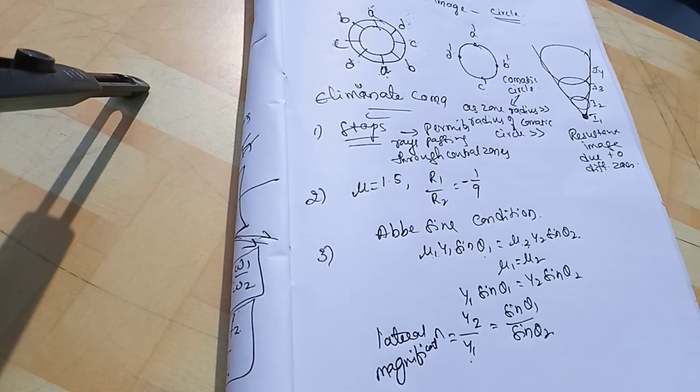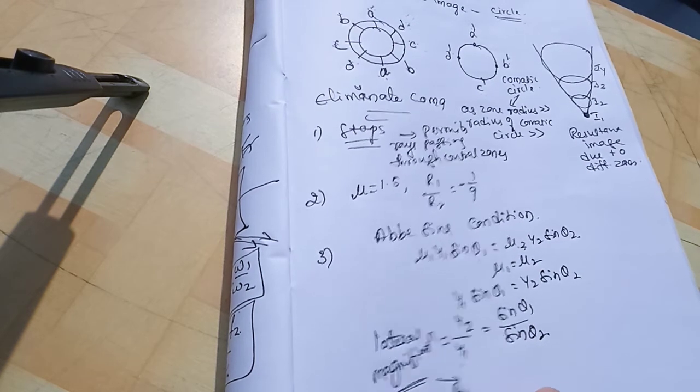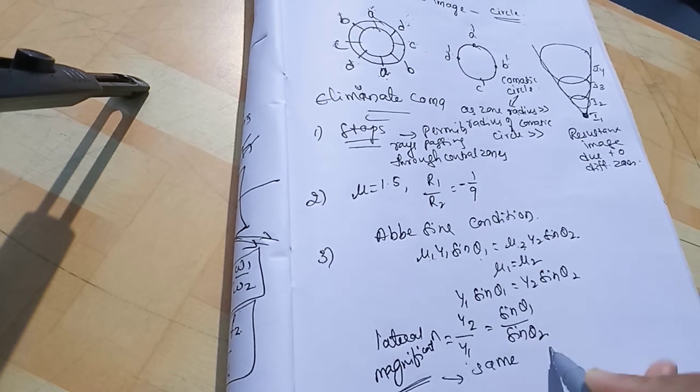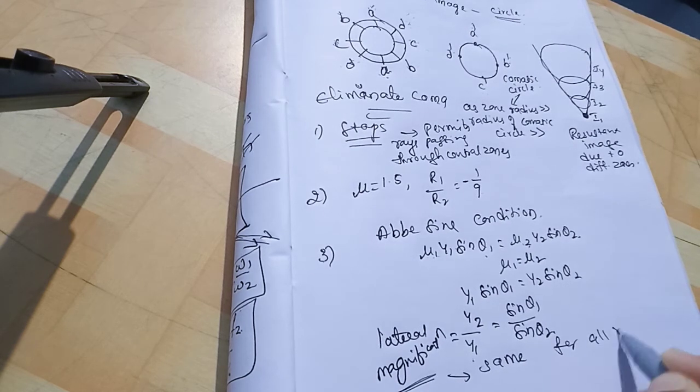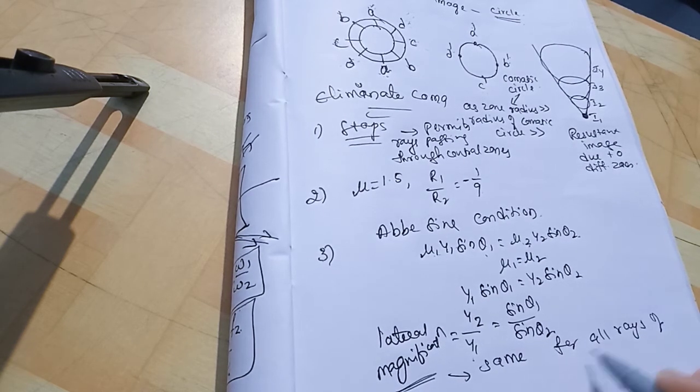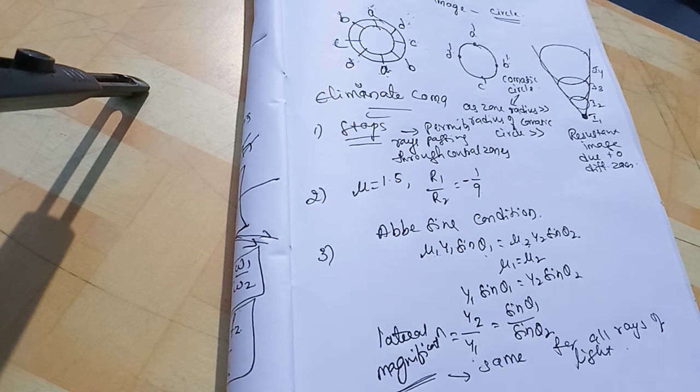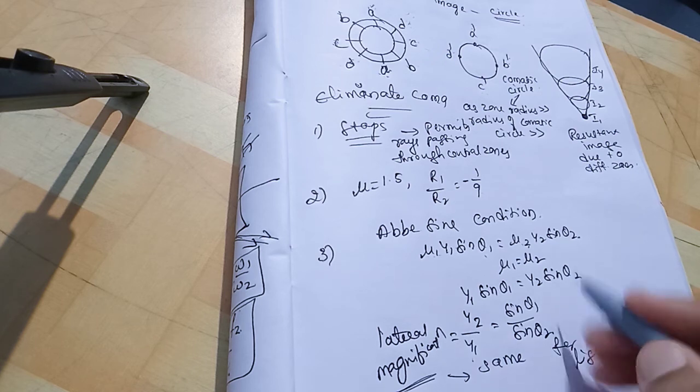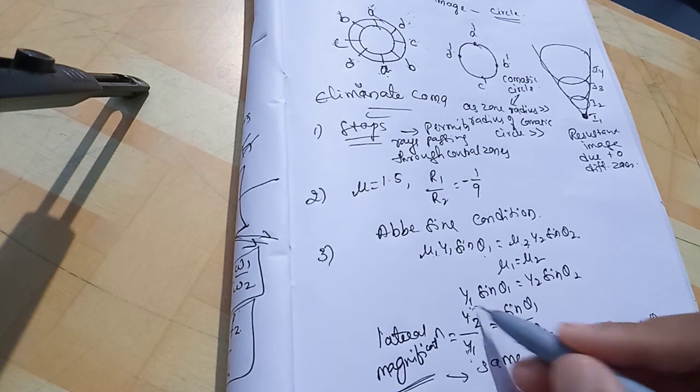If lateral magnification is the same for all the rays, irrespective of angles, then coma may be eliminated. If lateral magnification is same for all rays of light passing through the lens, then we can eliminate the coma. Now we said this is constant, no?